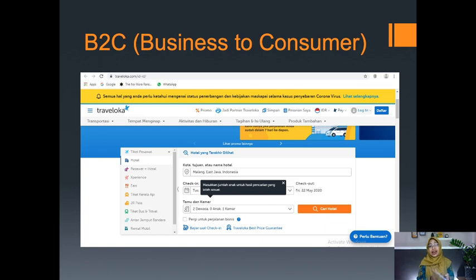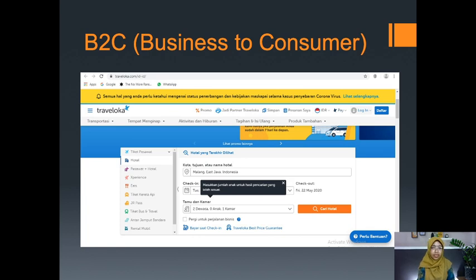And this flight ticket or hotel is booked by the consumer who is willing to book a hotel directly or to book a flight directly. They will use it for their traveling. I mean here, this business is used directly by the consumer. So we call this B2C or business to consumer, because the company sells their service directly to the end user.